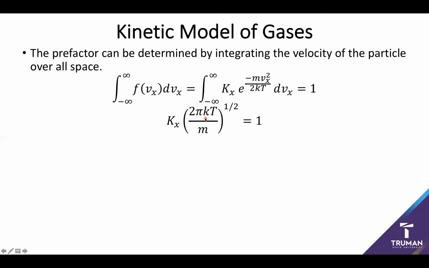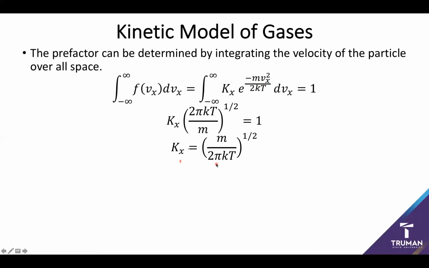So we get Boltzmann constant times temperature over the molecular mass of the molecule of interest, all to the square root. So this is all going to be equal to 1. So with a little bit of rearrangement, I get my general prefactor equation. So this gives us our normalization constant.